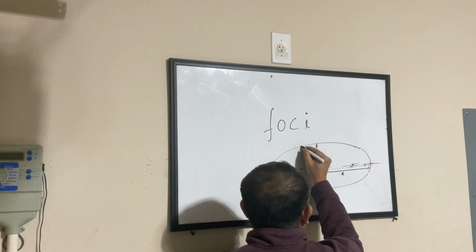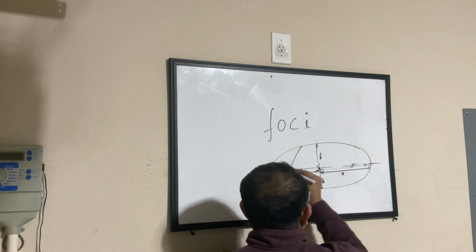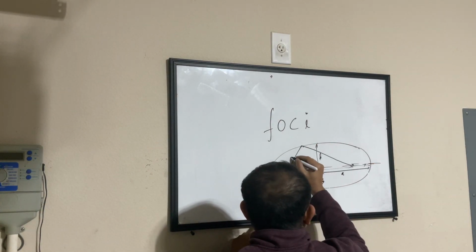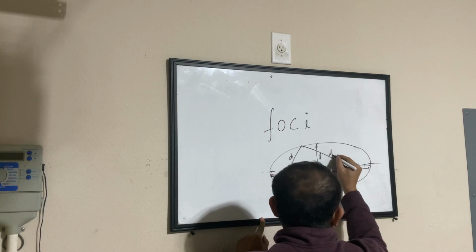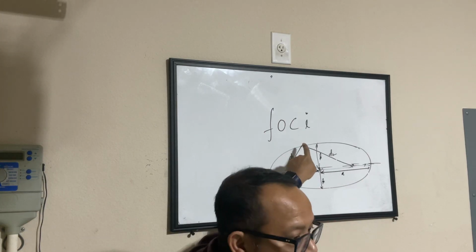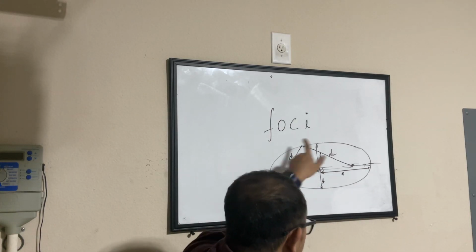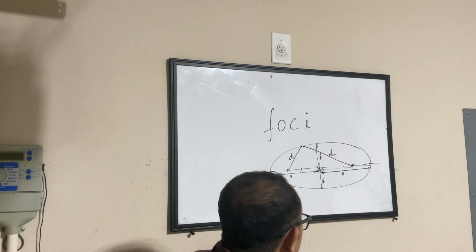And the uniqueness of these 2 points is that if you pick up any point and join these 2 points, let's say this is D1 and this is D2. You just picked up one point on the boundary of this ellipse.